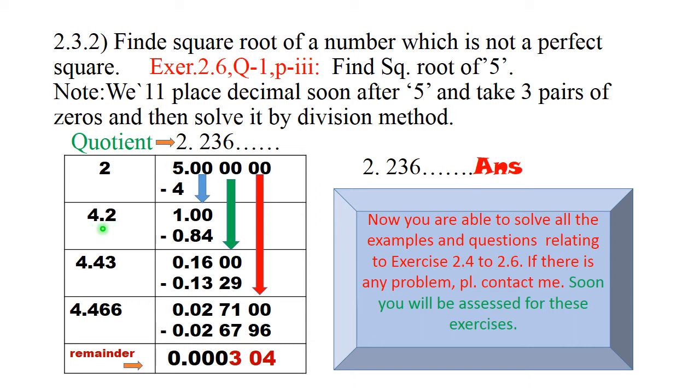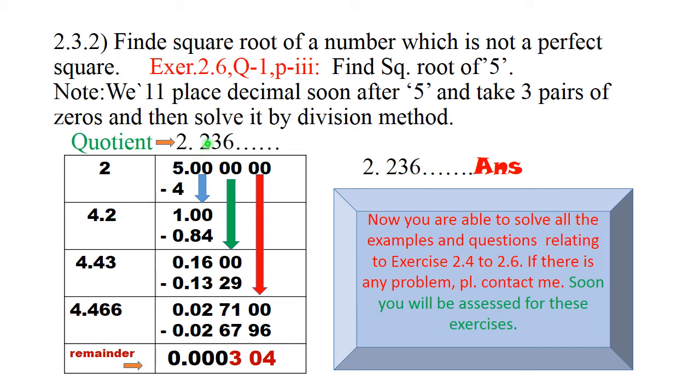Subtracting it, we are left with 0.16. Again we get a pair of zeros from above. And similarly, as we placed 2 at the unit place here, we place 2 in the quotient as well.